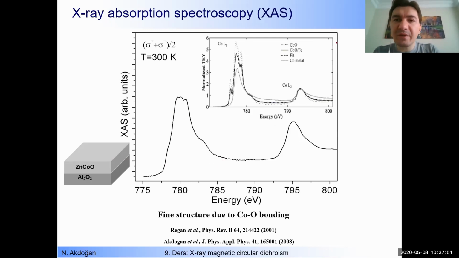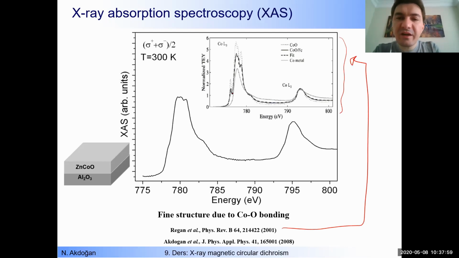This is another data from that reference. Okay, what do you see here? We have cobalt metal. It means pure metallic cobalt. We have this signal. You see, a very sharp peak, let's say, compared to the other signals.